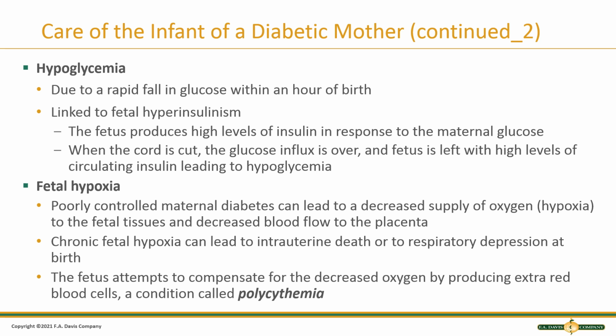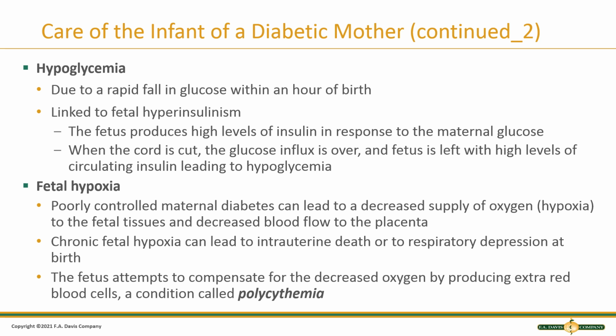And then we have to watch for fetal hypoxia because poorly controlled maternal diabetes leads to a decreased supply of oxygen to the fetal tissues, and it decreases oxygen blood flow to the placenta. So chronic fetal hypoxia can lead to intrauterine death or to respiratory depression at birth.